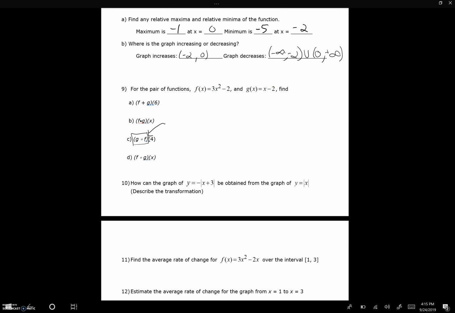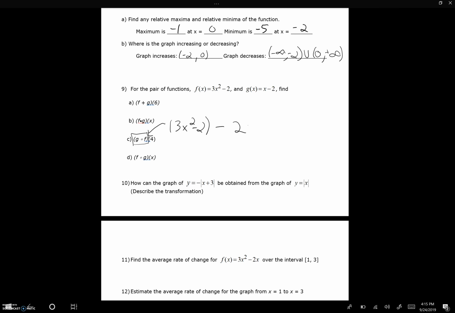So we can write that as, if we write our g, it would be x minus 2. But it wants us to put the f where the x is, the entire thing. So we would have 3x squared minus 2 minus 2. Okay. So now we're going to put in the 4 where the x is.